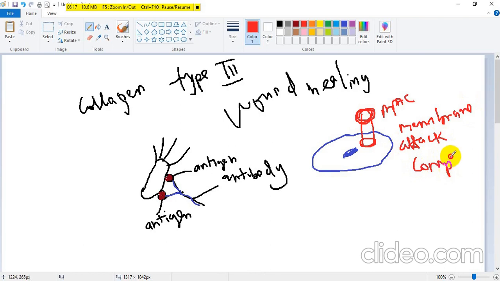So the membrane attack complex will drill a hole inside the cell membrane of this bacteria, or any organism at all. The complement system will drill a hole inside it and kill it. When they drill a hole inside you, all the contents of the cell will leak out and the cell will die. So that is what we call the membrane attack complex.